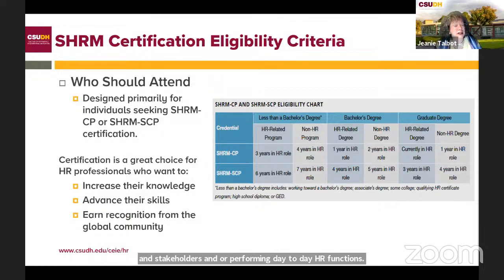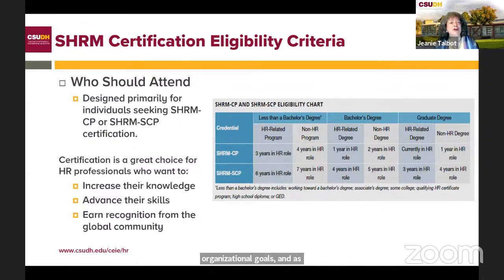The SHRM-SCP represents those professionals at a senior level who operate primarily in more of a strategic role. They're creating or developing policies and strategies, overseeing the execution of HR operations, analyzing performance metrics, and/or contributing to the alignment of HR strategies to organizational goals.